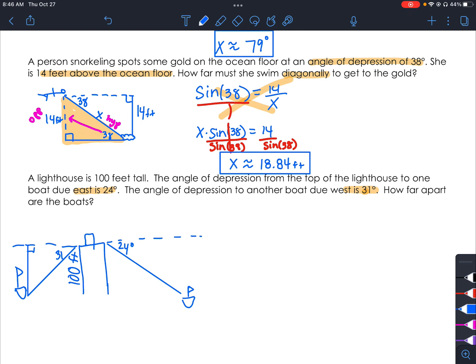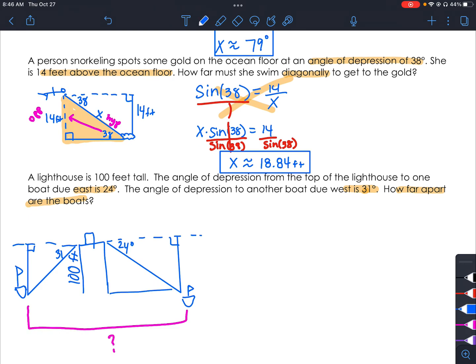So you've got two right triangles here. It's asking, how far apart are the boats? As in, what's the distance between this boat all the way to that boat?